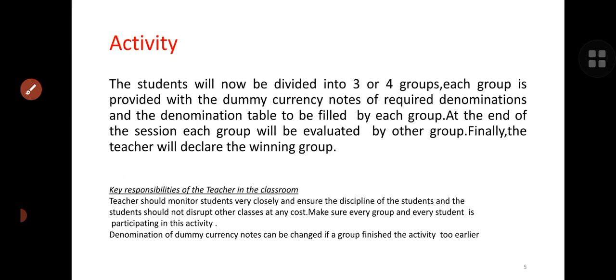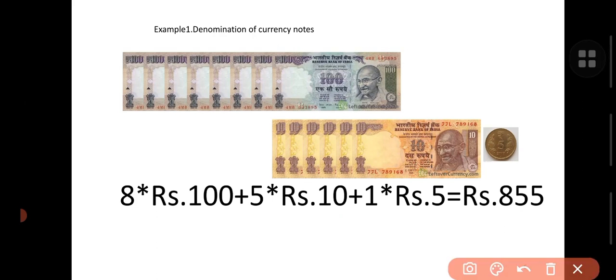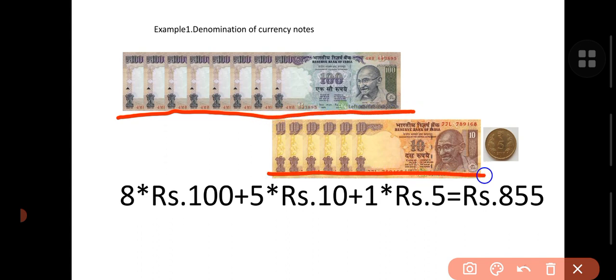Moving on to the next slide. Example 1. Denomination of currency notes. Here, 8 numbers of 100 rupees note, 5 numbers of 10 rupees, 1 number of 5 rupees coin.